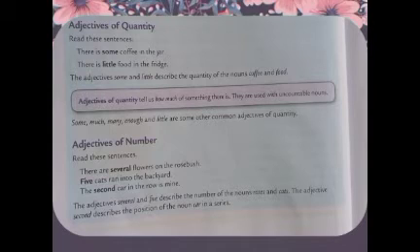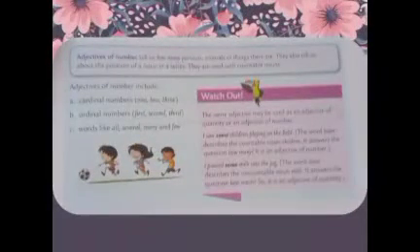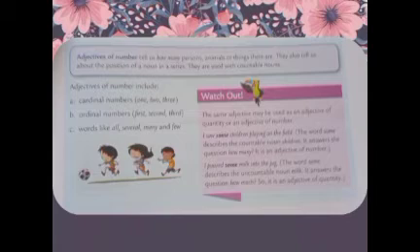let us move on to the next kind of adjectives, that are demonstrative adjectives. Okay, till now we learnt adjectives of quality, quantity, and number. So three kinds of adjectives till now we have learnt, and we are moving on to the fourth one, that is demonstrative adjectives. Did you understand, children? Yeah.